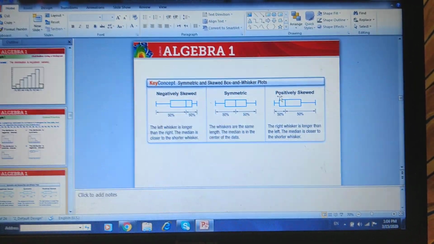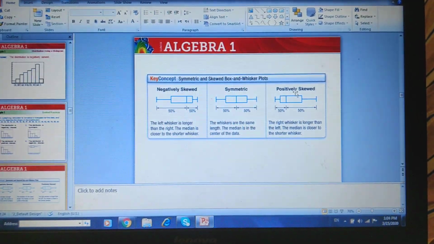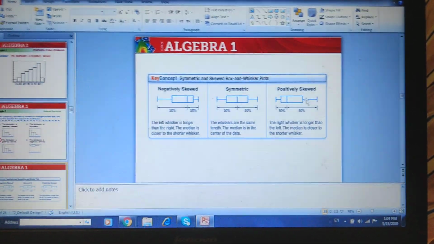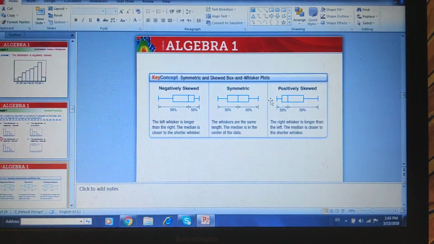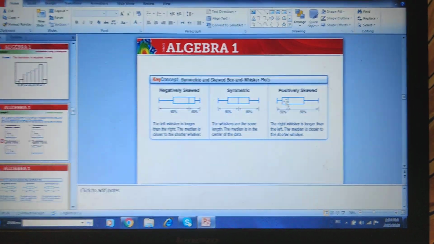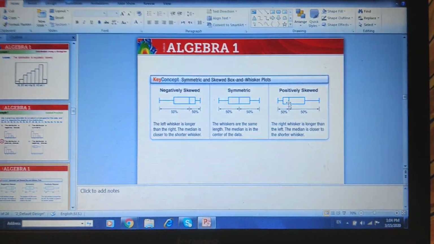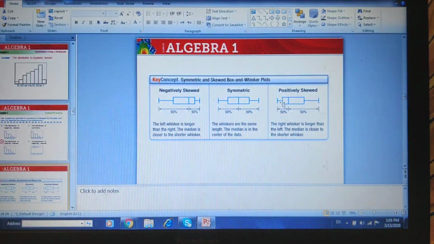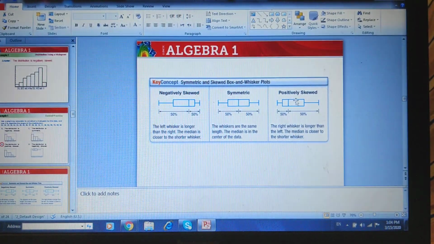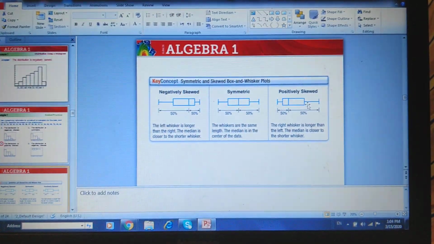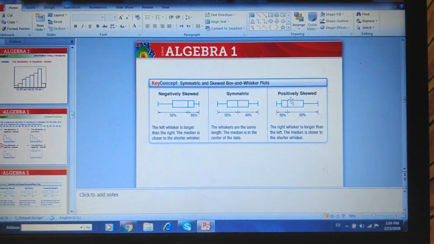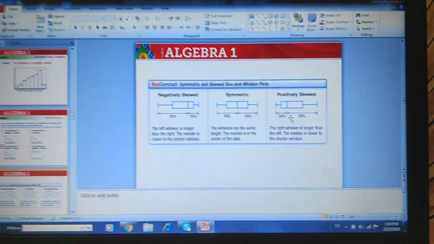The last kind, this one, is positively skewed, and the right whisker is longer than the left whisker, and the median is closer to the shorter whisker, which is on the left. Therefore, here the majority of the data are on the right. We call it positively skewed data.